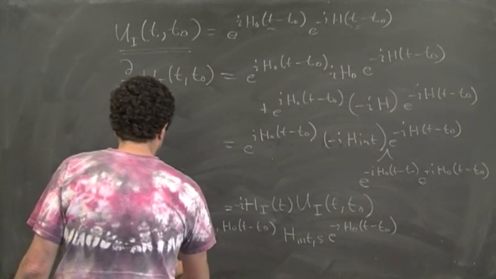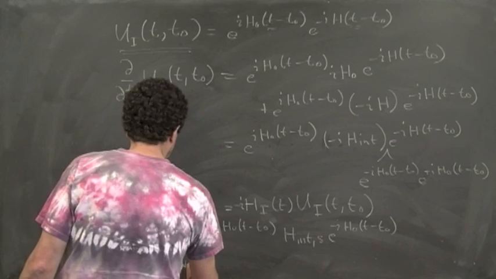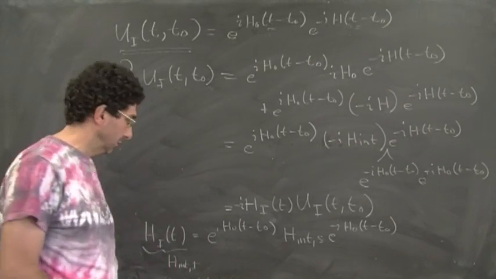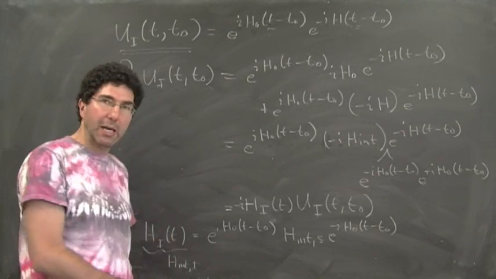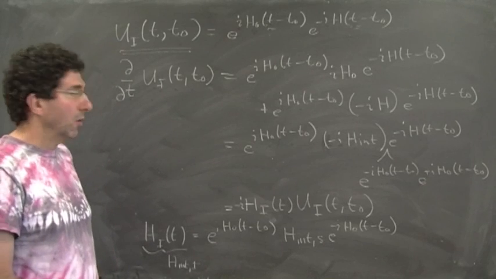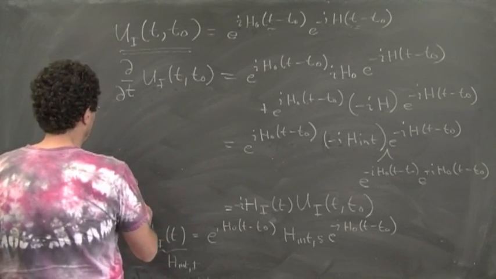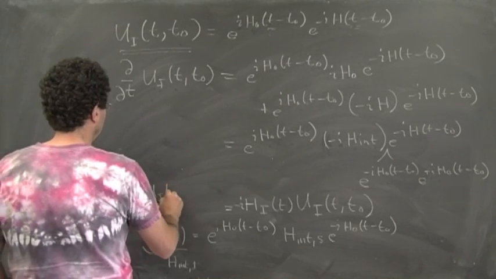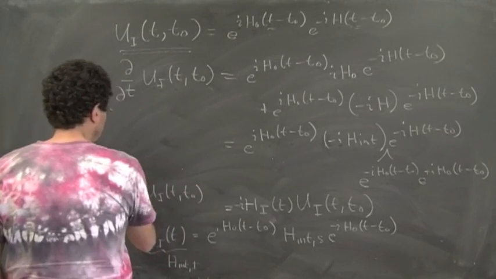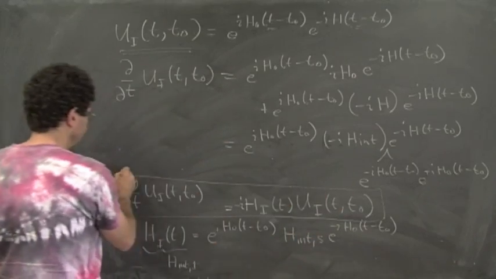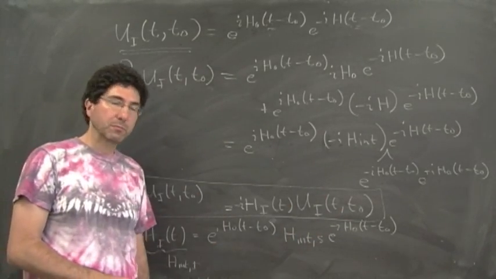Perhaps I should really call this thing H interaction in the interaction picture, but that's just too disgusting, so I'll just call it H sub I, okay? And so this is the differential equation we're supposed to solve, d/dt U_I(t, t_0), and it's a differential equation in t. t_0 is just sort of going along for the ride, okay?